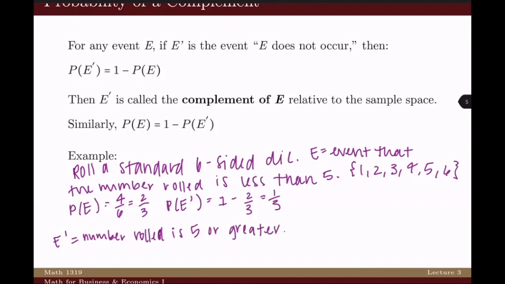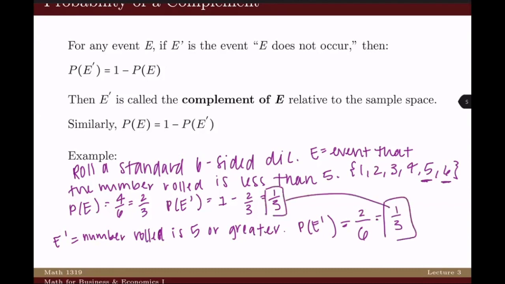So what is the probability that the number rolled is 5 or greater? Well, we look back up here at our sample space, we have 5 and we have 6. So we have 2 events out of our 6 total outcomes, which simplifies to 1/3. So you can see that we did get the same solution, both by using the formula and just by observation.